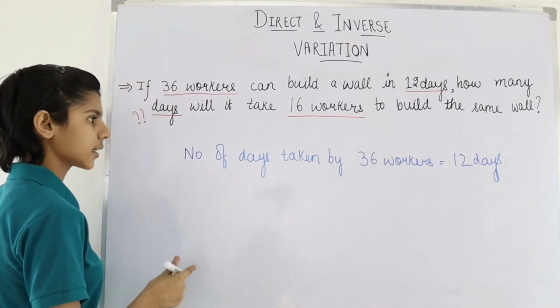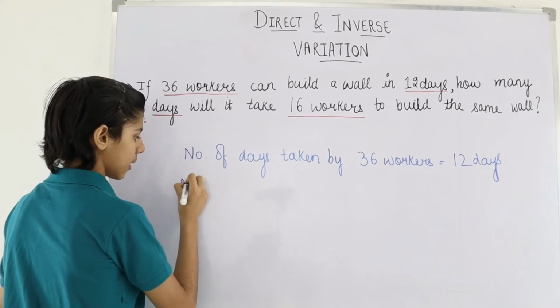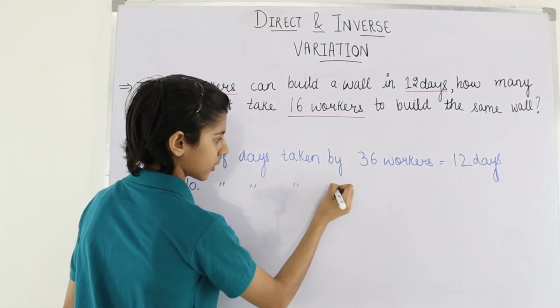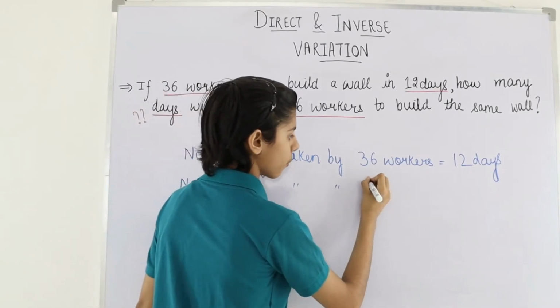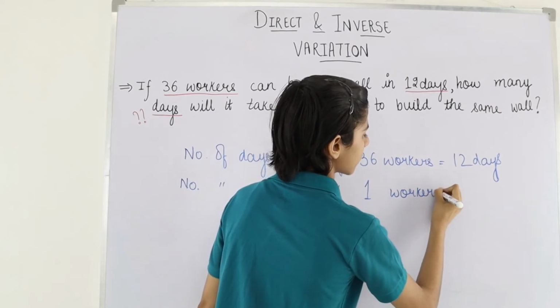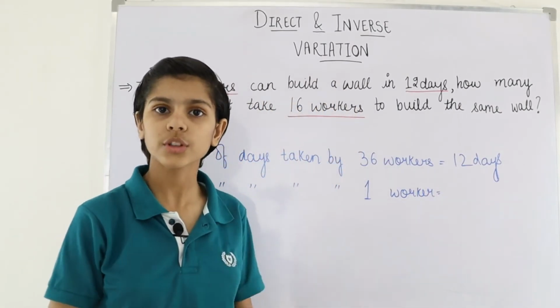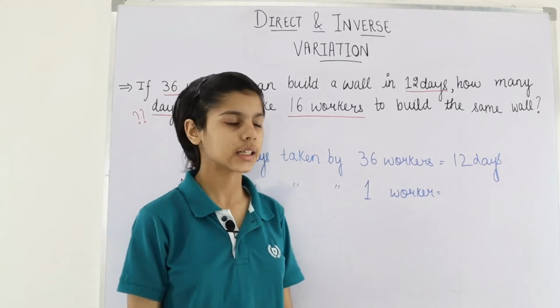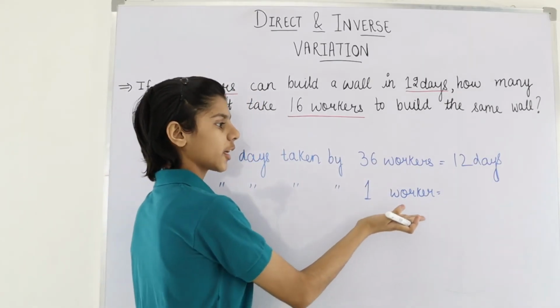So we will write here number of days taken by one worker. So obviously one worker will take more time to build the wall as compared to 36. It is clear that one worker will take more time.